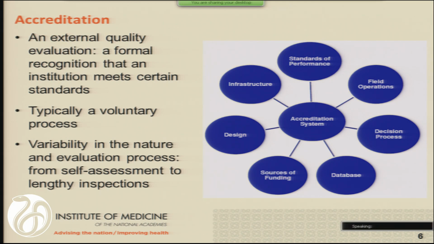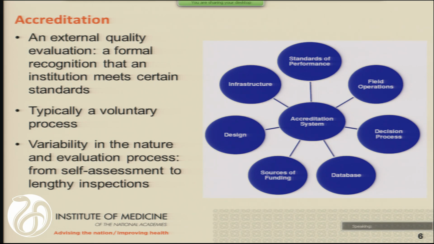The first method is a fairly ubiquitous approach called accreditation that has been used to accredit provider units, accredit education institutions, to accredit centers, to accredit a range of other entities.